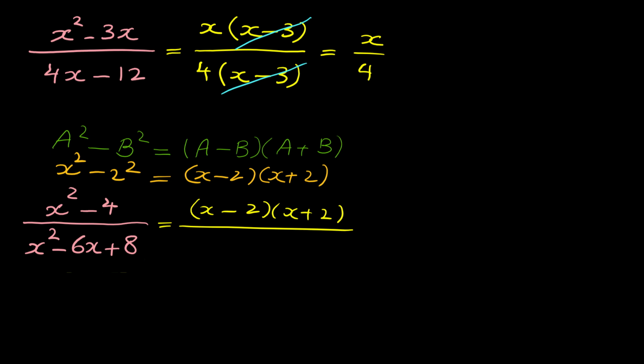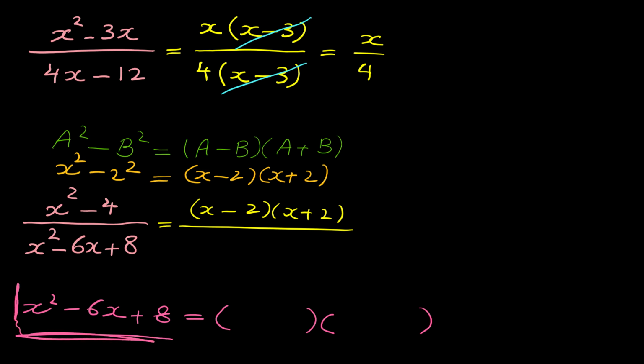If you remember, the way for factoring trinomials is to look for two numbers. When the leading coefficient, this coefficient here, is 1, the way that we factor these types of expressions is that we put two brackets, and in each bracket we put x.